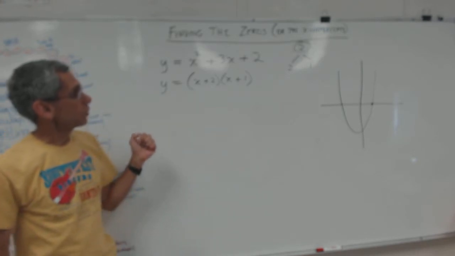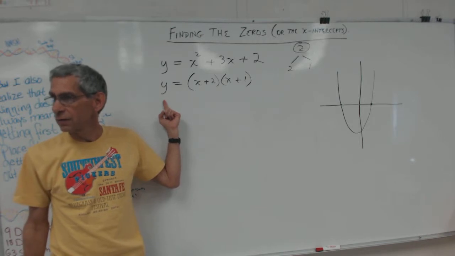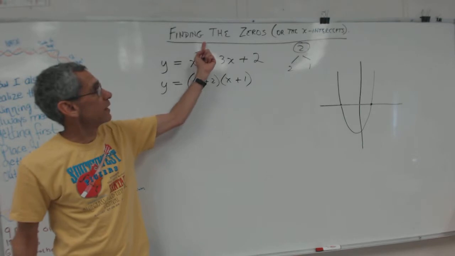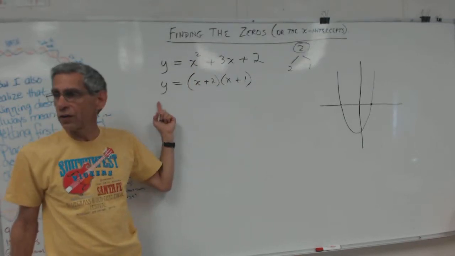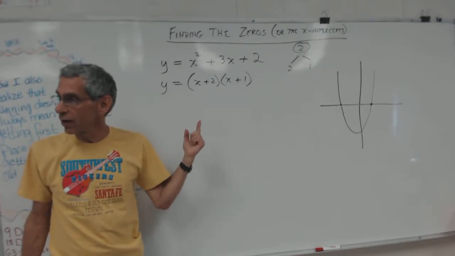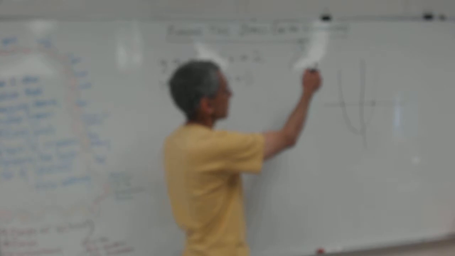Okay. Now the only thing is, this doggone y is here. But what have I done just in the question, finding the zeros, what do I have to do to the y? Make it 0, because that's what I want to know. I want to know what is x when y is 0. That's what this is saying.